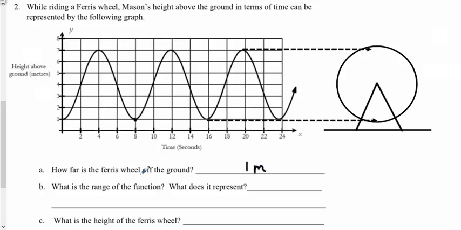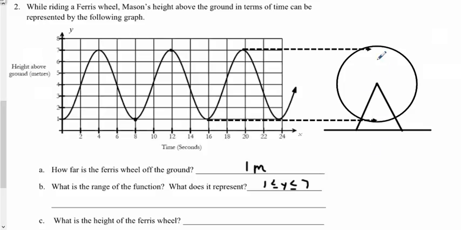And this is what is the range of the function and what does it represent. The range of this function goes from 1 to a height of 7. So we go from 1 to 7 for our y values. And what it represents is essentially the diameter of this Ferris wheel.